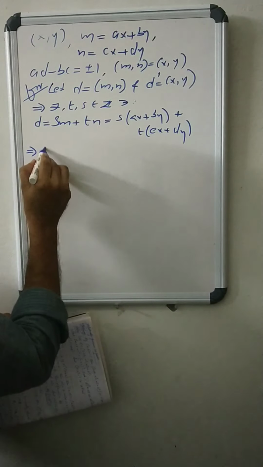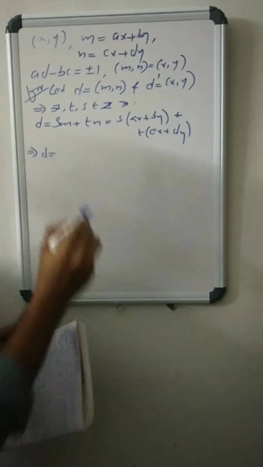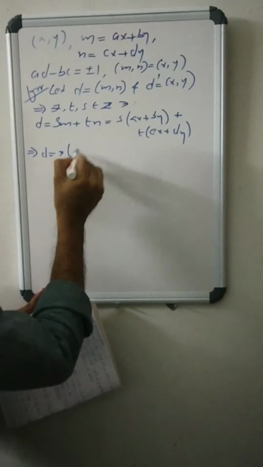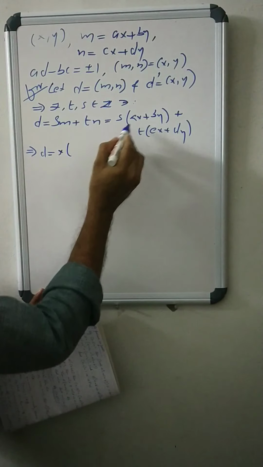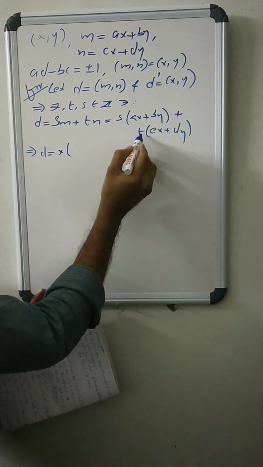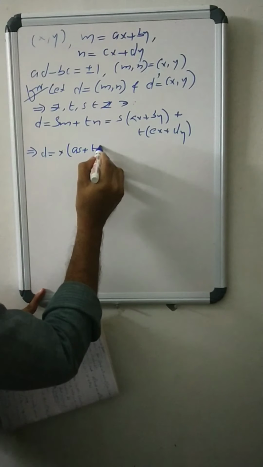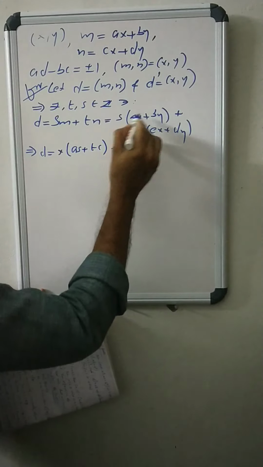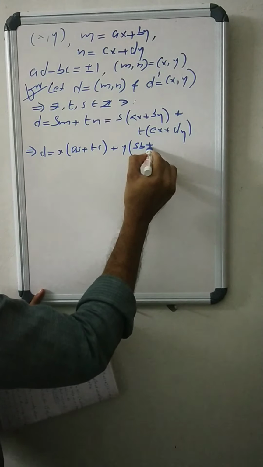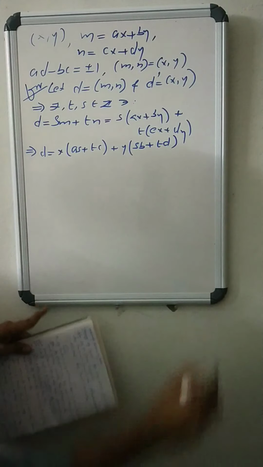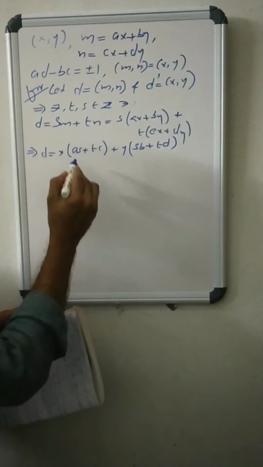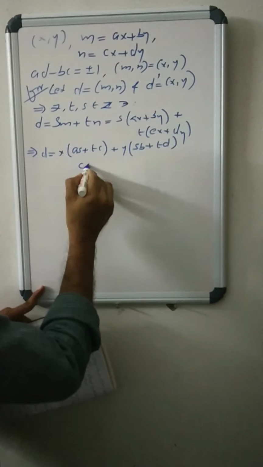So that means d equals, you can just associate this one, x into (sa plus tc) plus y into (sb plus td).